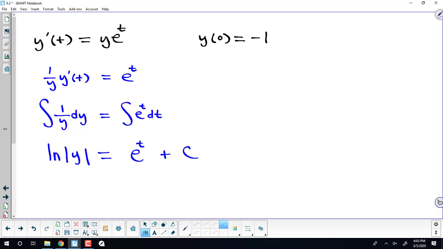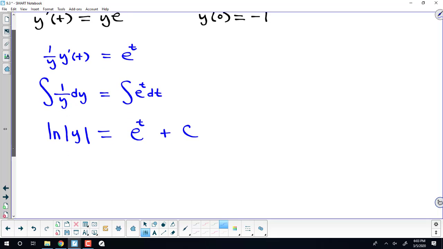And then we exponentiated both sides to get the absolute value of y is e to the power of e to the t plus c.